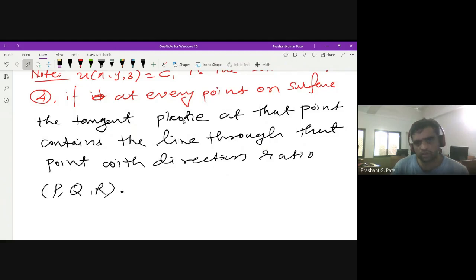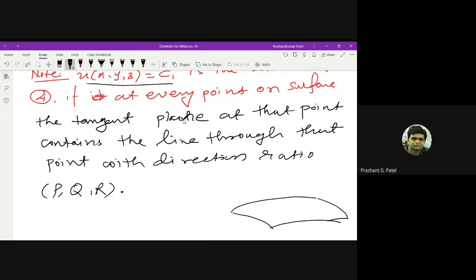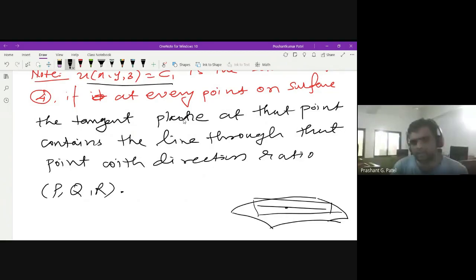So what is the situation you have? This is the surface, that is u equal to constant. And whatever the tangent plane at some point is here. So there is a tangent plane on this surface. On this tangent plane, there is one line, a tangent line, I can say, which has the direction ratio PQR.